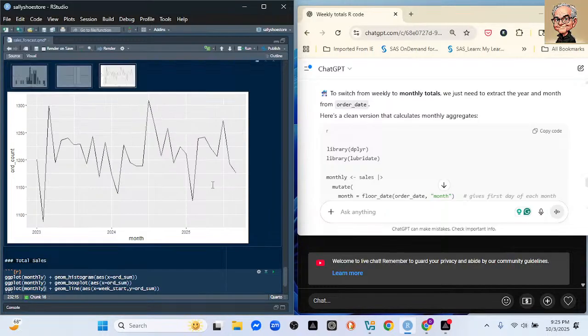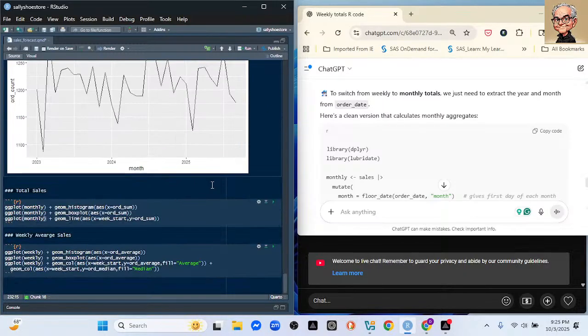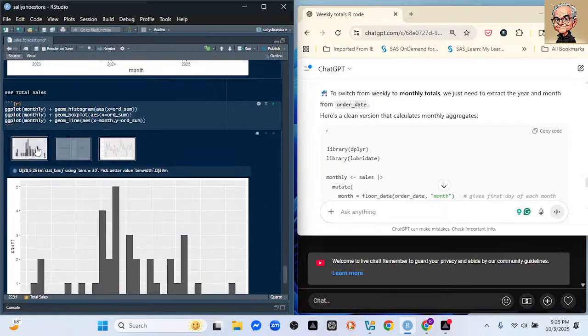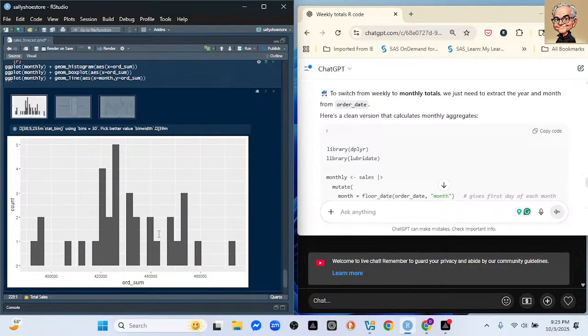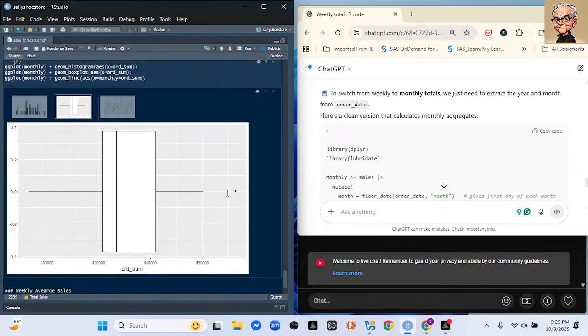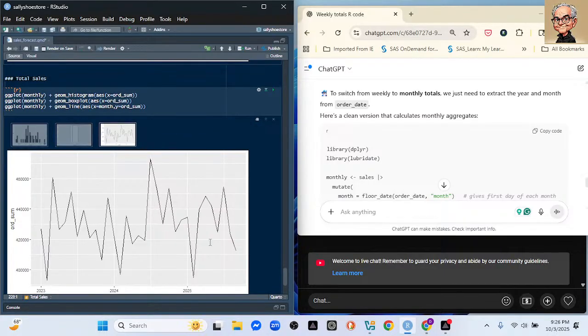Oh, we're looking for month. Month. Once again, fairly widespread. This looks pretty good. Only got a single outlier, fairly wide distribution, and this looks kind of interesting.